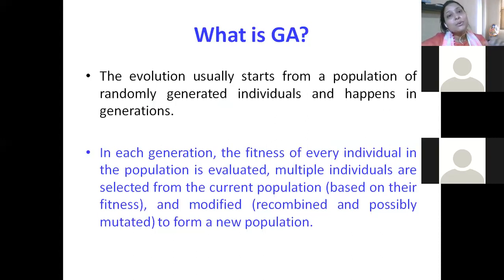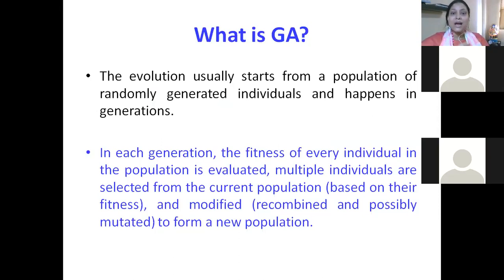If you recall evolutionary biology, obviously we have some parent, and that parent reproduces some offspring. So here also, whenever a parent solution produces offspring, we can say that our next generation has arrived.